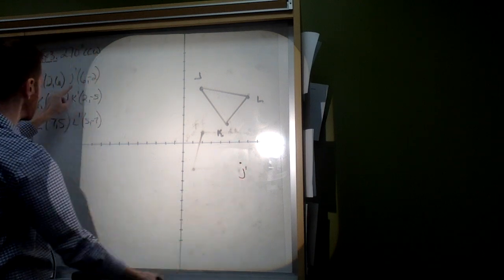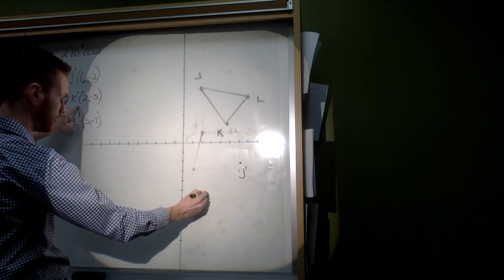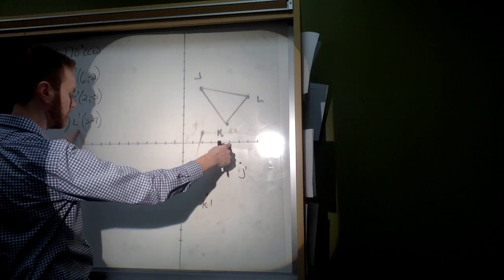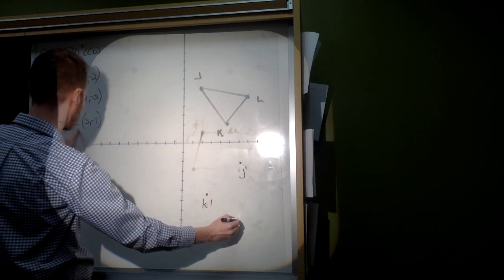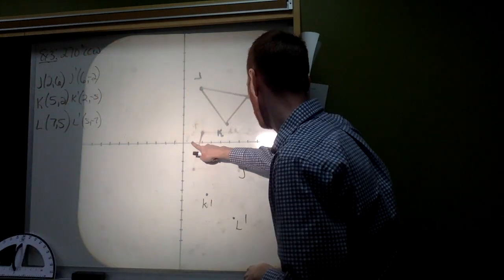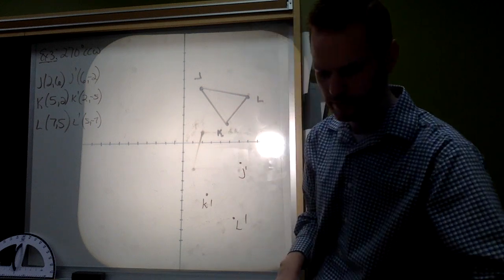That's J. 2, 1, 2, 3, 4, 5. There's K. And then 1, 2, 3, 4, 5, 5, 6, 7. Okay. There's an L, which, let me double check that last one. 1, 2, 3, 4. Yeah, that looks like it's lined up.